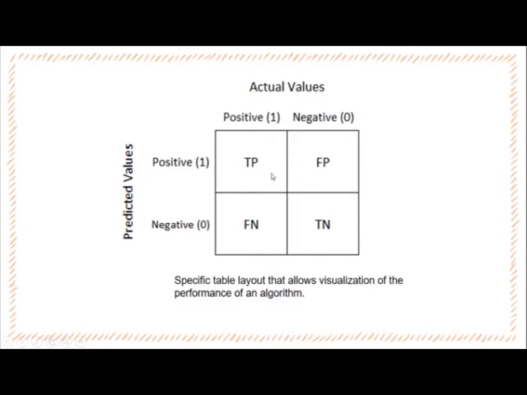The variables are the predicted values and the actual values. In the first row, first column, this is the true positive, for the correctly predicted event value. Next to it is the false positive, for the incorrectly predicted event value. In the second row, first column, is the false negative, for the incorrectly predicted no-event value, and the last column, last row, is the true negative, for the correctly predicted no-event value.